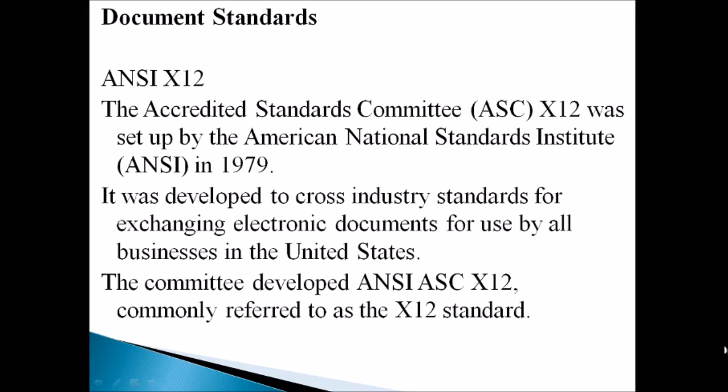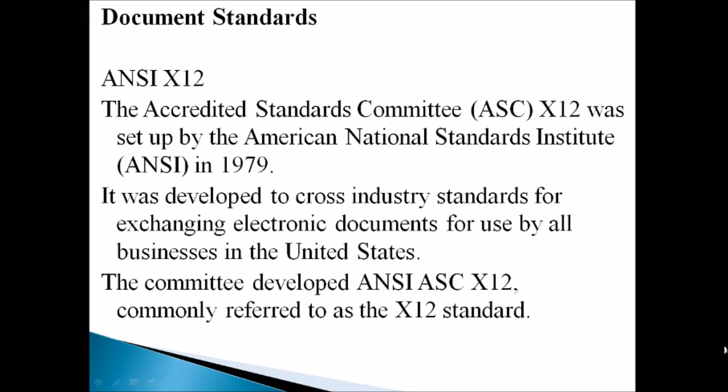The Accredited Standards Committee ASC X12 was set up by the American National Standards Institute in 1979. And this committee was developed to create cross industry standards for exchanging electronic documents for use by all businesses in the United States. This is commonly referred to as the X12 standard.